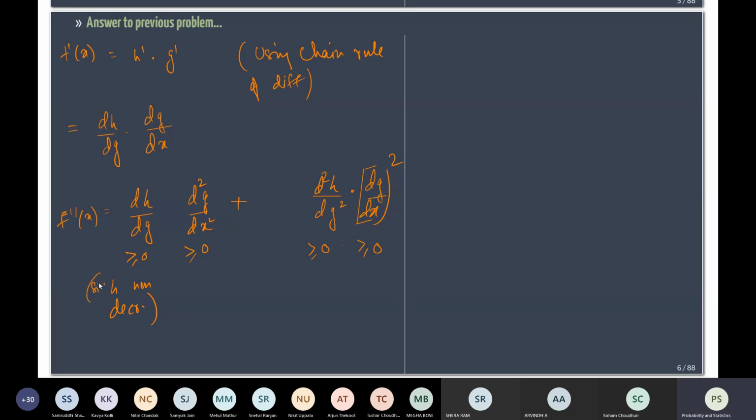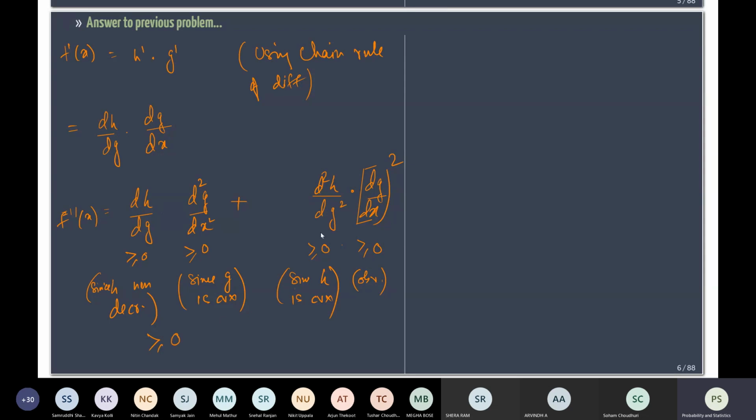Since h is convex, and here by observation, it is obvious. So overall this is greater than or equal to 0.